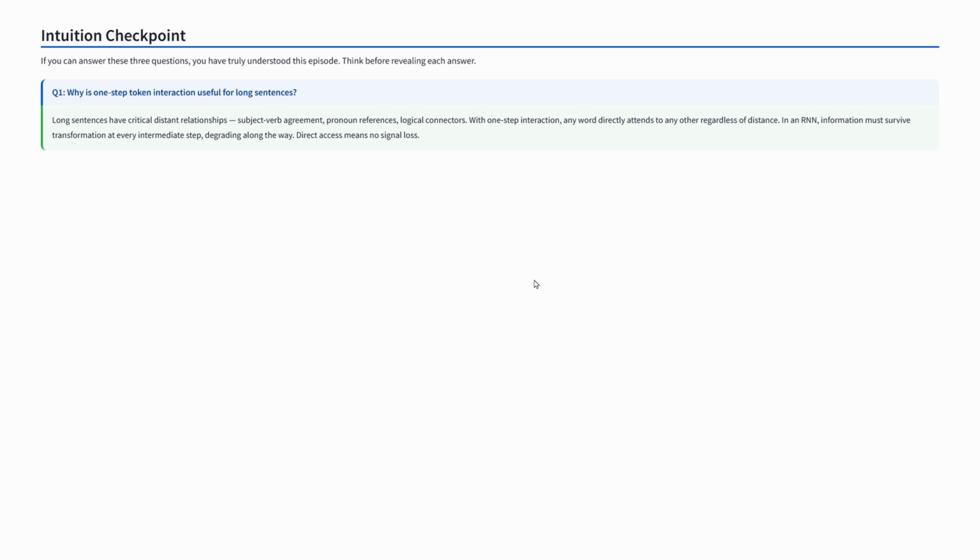In an RNN, that same information has to survive being transformed at every single intermediate step, and it fades a little at each one. Direct access means no signal loss. That's the advantage.